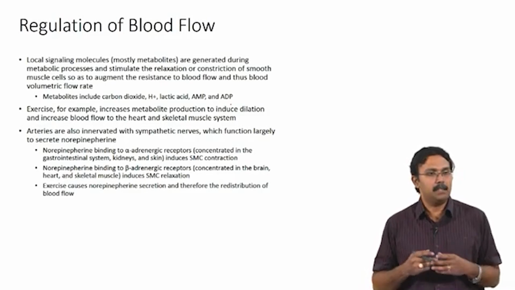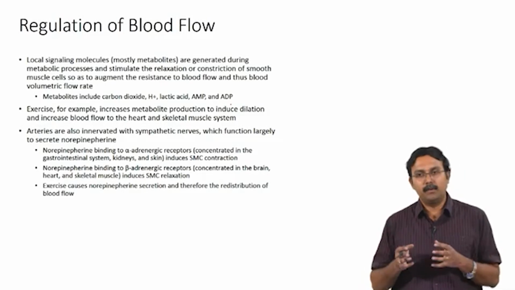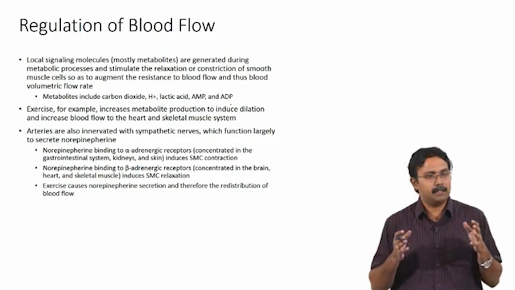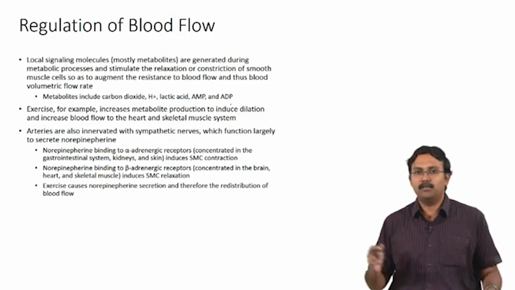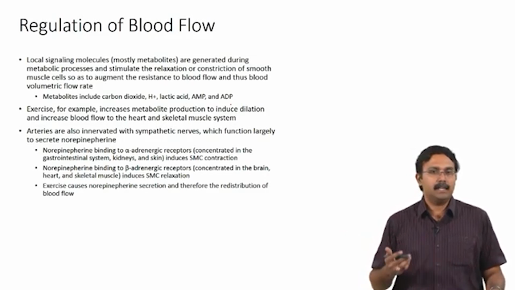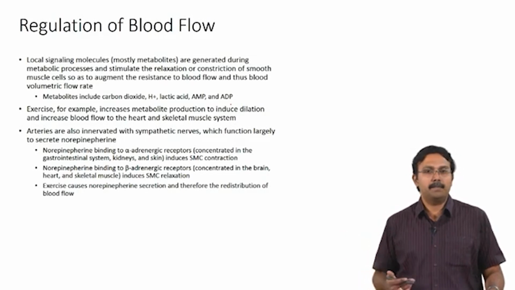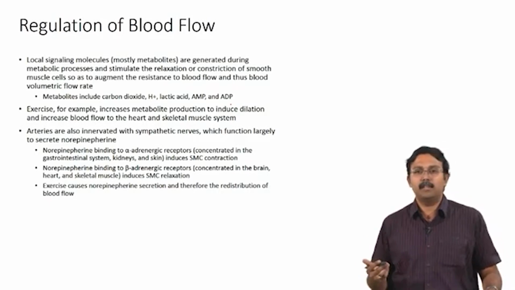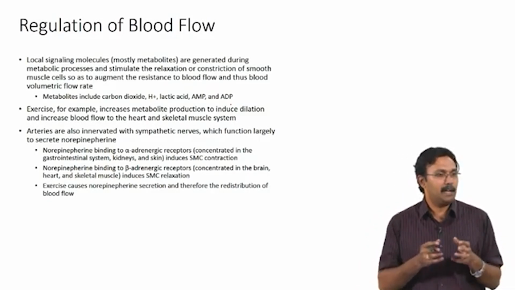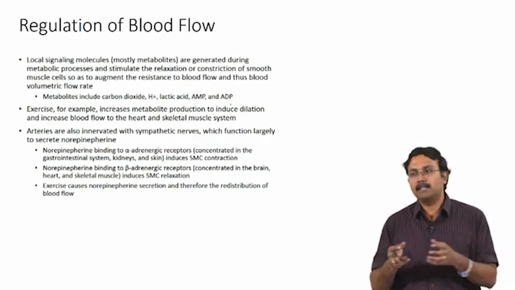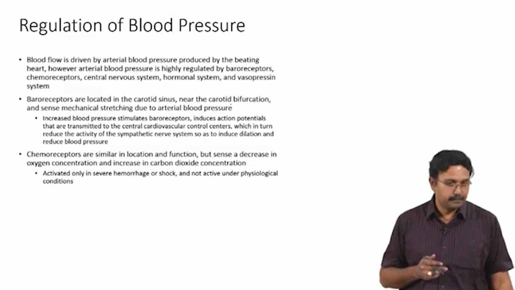So, this helps in regulating the blood flow. It helps make sure that there is a pulsatile effect which causes the blood to flow. So, exercise can again cause norepinephrine secretion, therefore creating redistribution of blood flow, because you might have more pulsatile movement of your blood vessels.